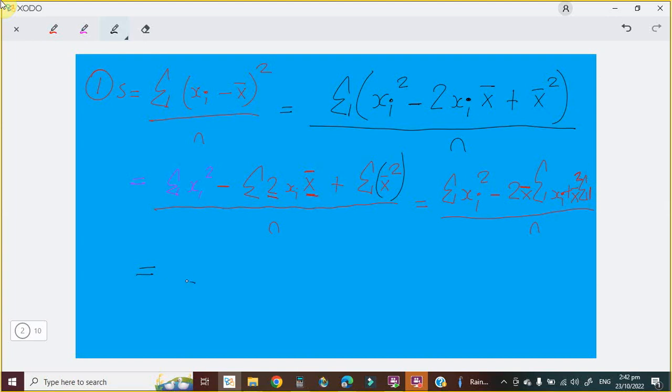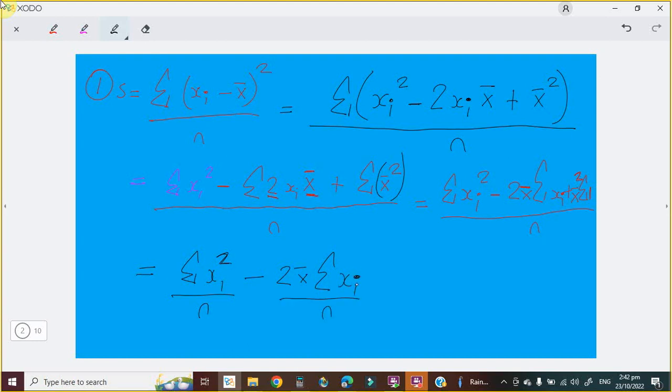So following the next line, this now works out to be the sum of xi square over n. Look what I'm doing now, I'm going to separate them. Minus, this second part now is 2 bar x, minus 2 bar x times the sum of xi over n.